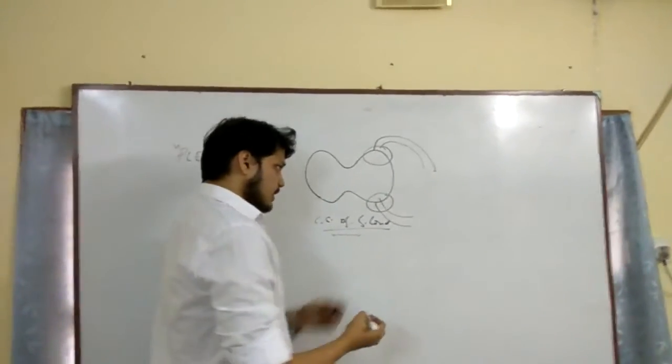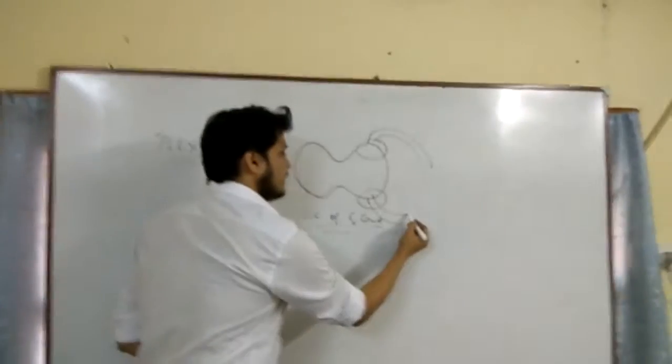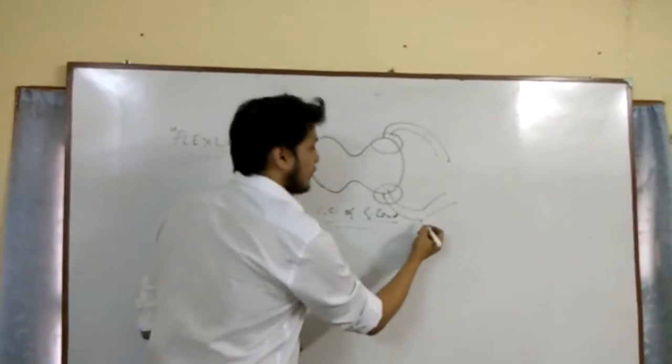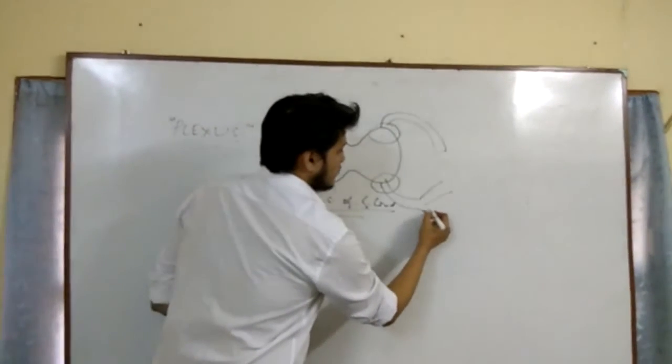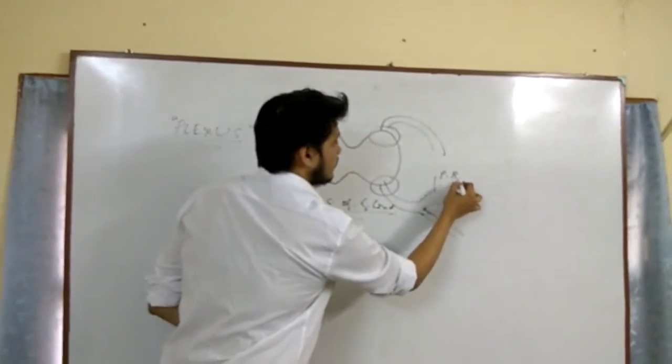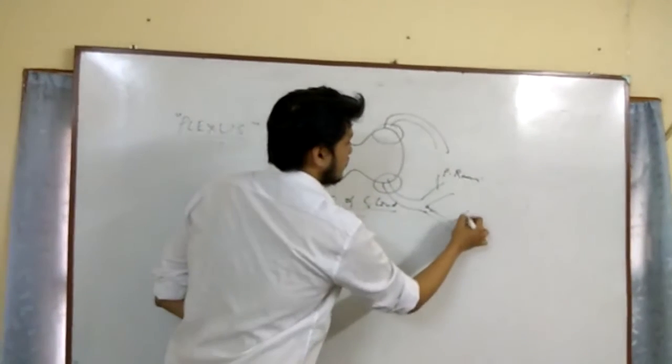Now, this motor nerve divides into two divisions, or we prefer to call them rami. One is called the posterior rami, the other is called the anterior rami.